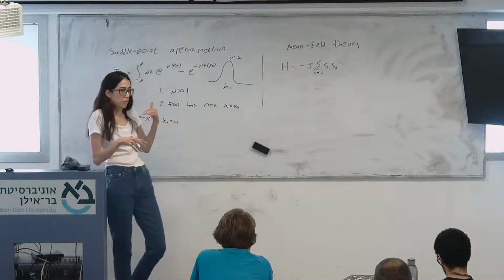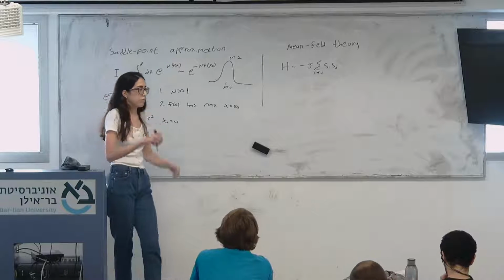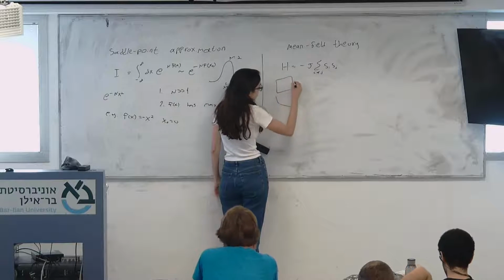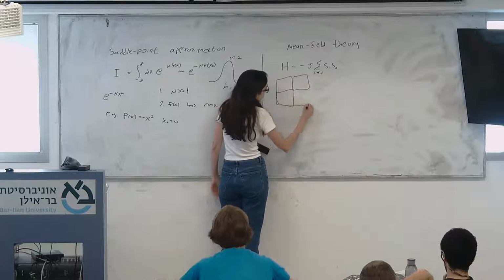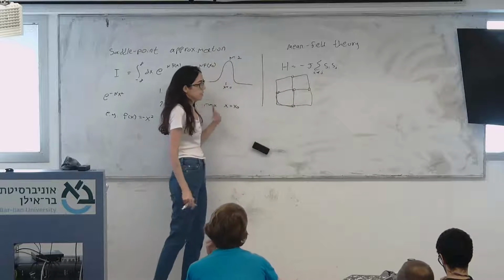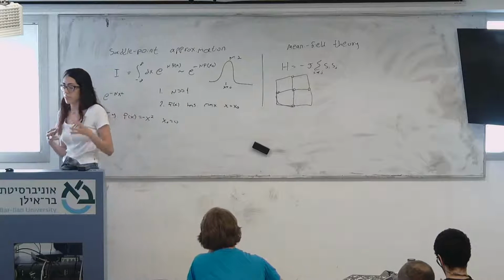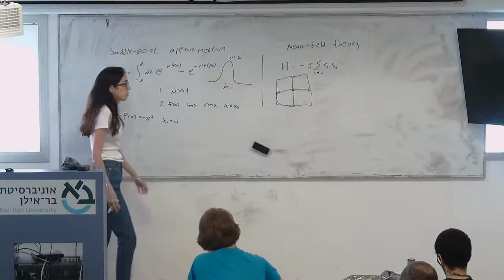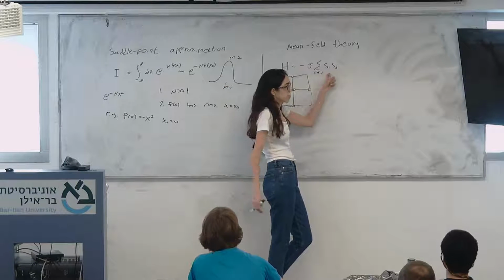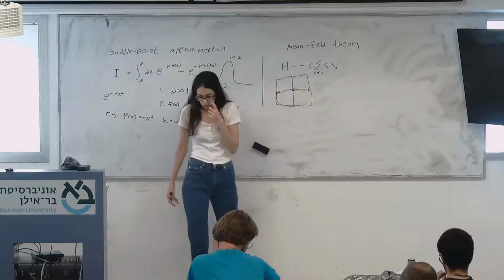If I have a two-dimensional system, I interact with those four particles, and when I increase the dimension, I interact with more and more particles at the same time. So when it gets to dimension infinity, I'm going to have that.